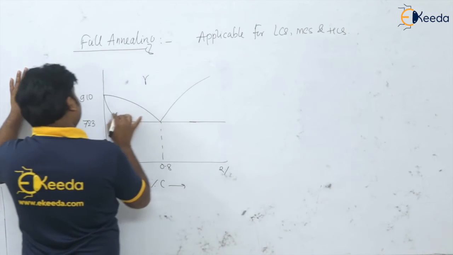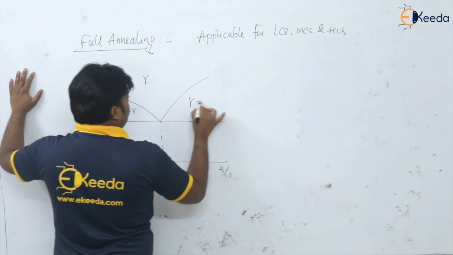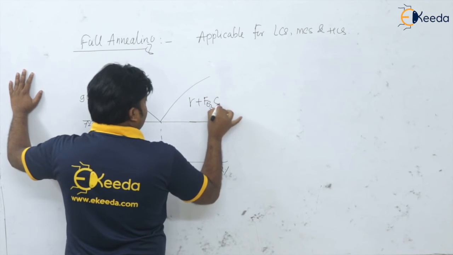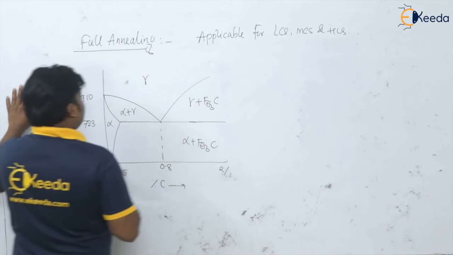This is gamma, this is alpha plus gamma, gamma plus cementite, and this is alpha plus cementite, isn't it?